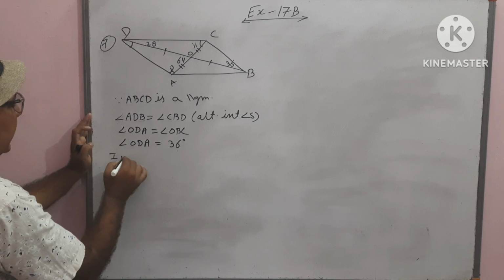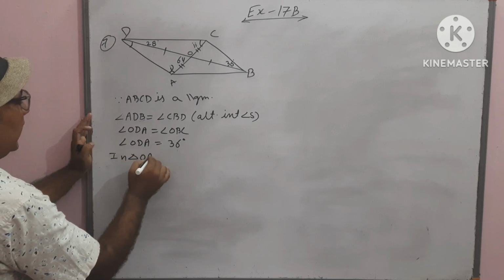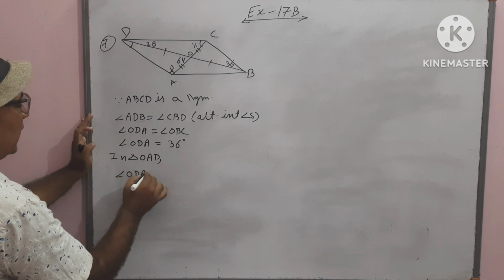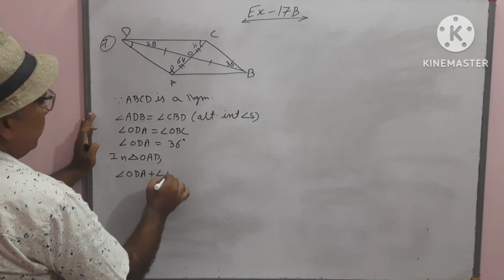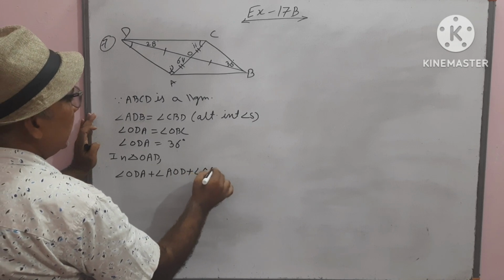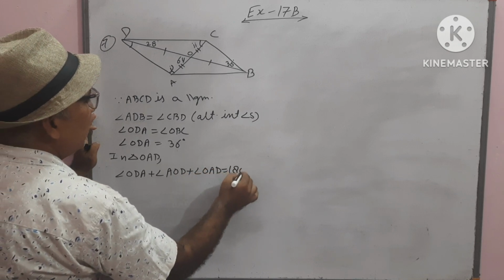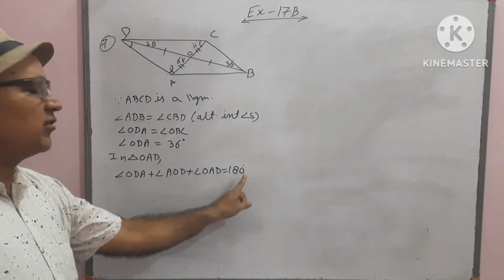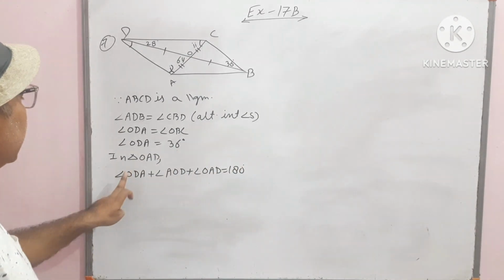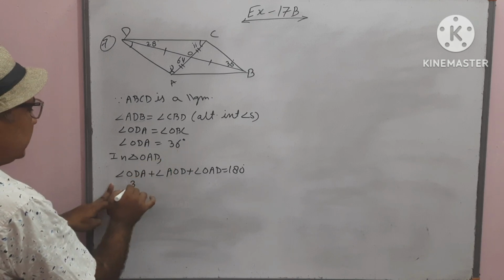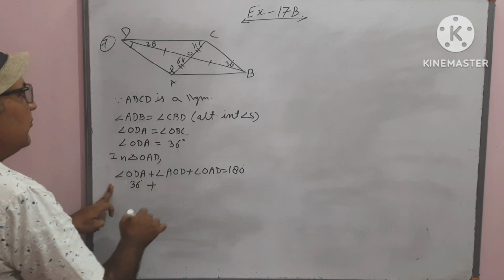Now we will take this triangle. In triangle OAD, angle ODA plus angle AOD plus angle OAD is equal to 180 degrees. In any triangle, the sum of the three angles is 180. Angle ODA we have found just now, that is 36 degrees.